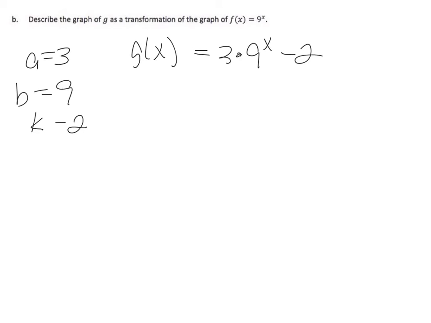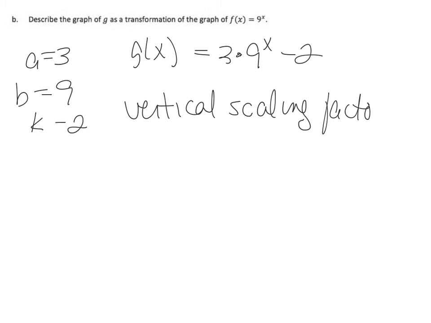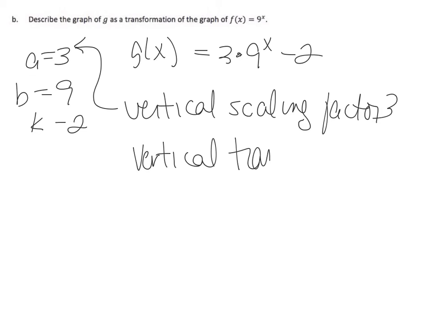So describe this. What is it? So the graph of g is a vertical scaling by a factor of 3, and we have a vertical translation down 2.